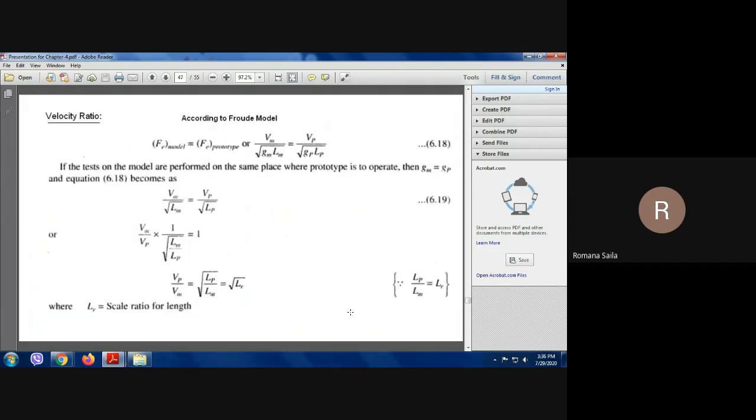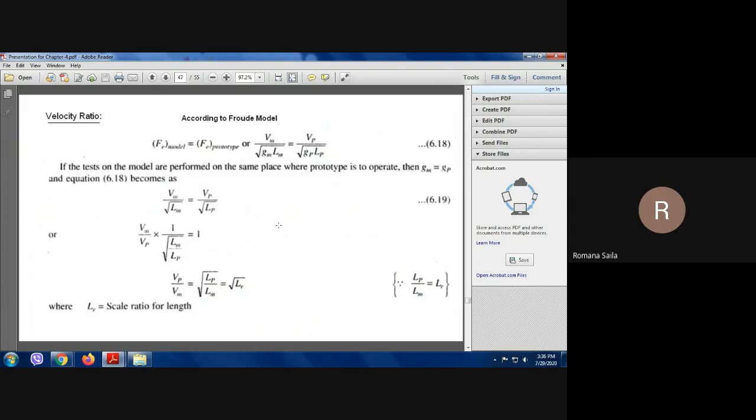Now I can show how these scale ratios come out in this form. First, the velocity ratio. We all know that the Froude number is equal to this equation. The equation is written for the model and for the prototype. As g is the acceleration due to gravity, it varies from place to place, like the acceleration on earth and on the moon are different.